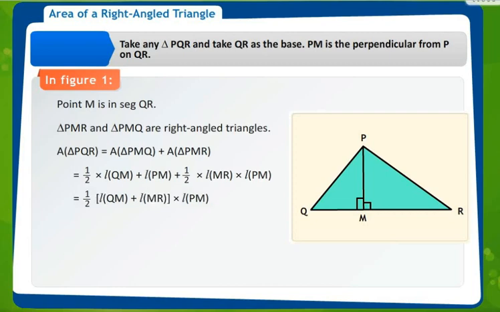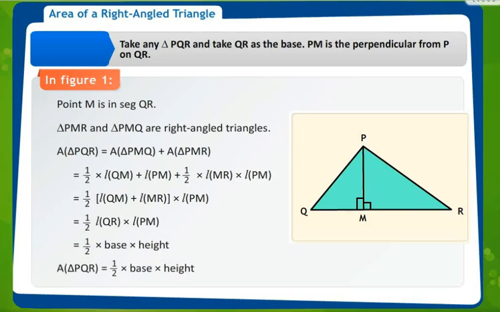So half common, which is equal to half into length QM plus MR into PM. Now QM plus MR is QR. So half into length QR into length PM, which is equal to half into base into height. So for any triangle, the formula of its area is half into base into height.